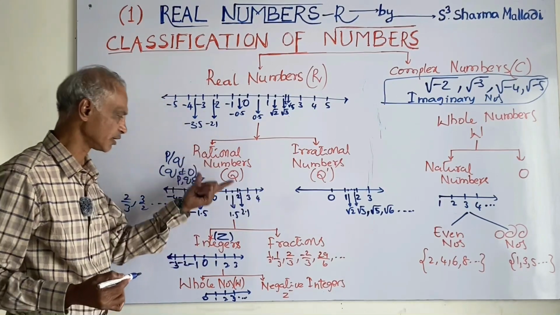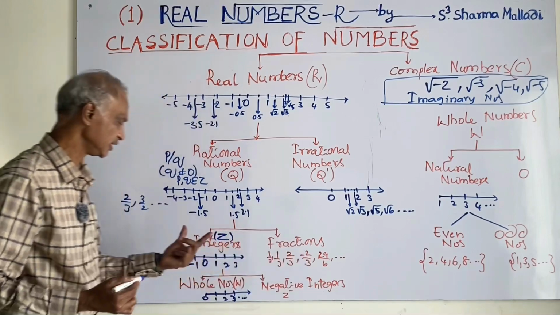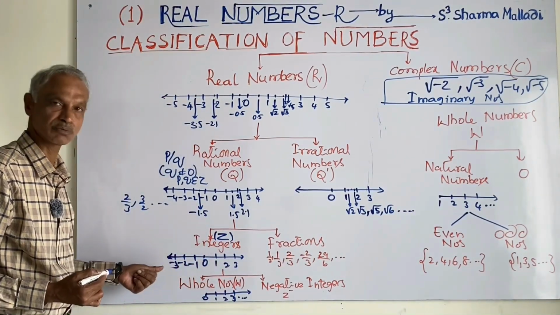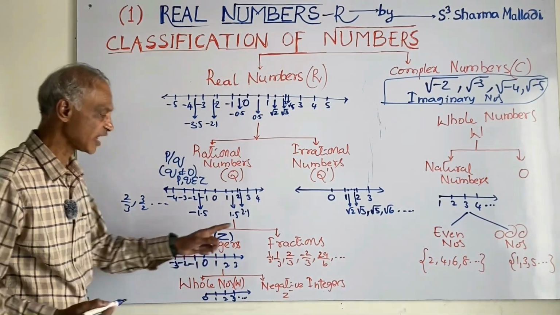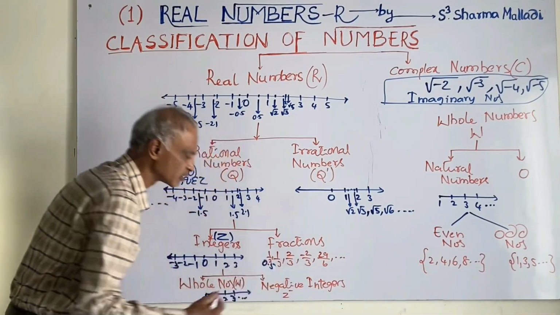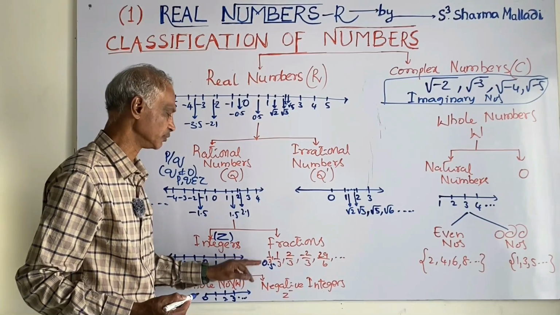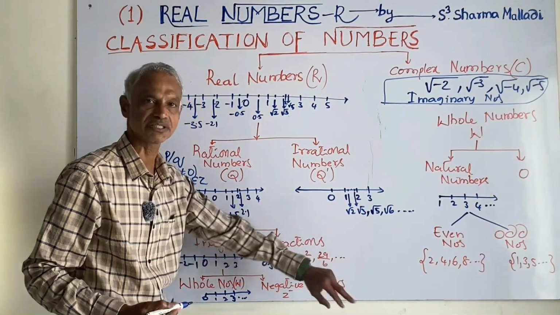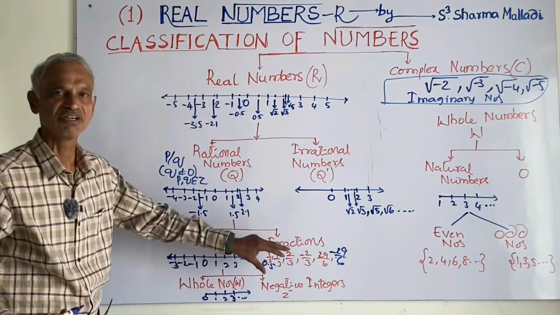Rational numbers are again divided into two: integers and fractions. Integers are 0, 1, 2, 3, minus 1, minus 2, minus 3, represented by Z. Fraction: 1 by 2 can be written as 0.5, a decimal fraction. 1 by 3, 2 by 3, minus 2 by 3, 29 by 6, minus 29 by 6, all these numbers are fractions.